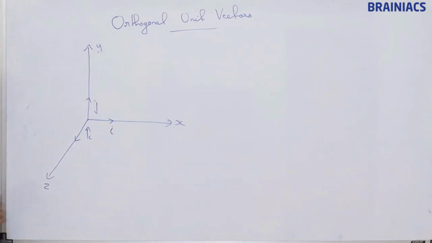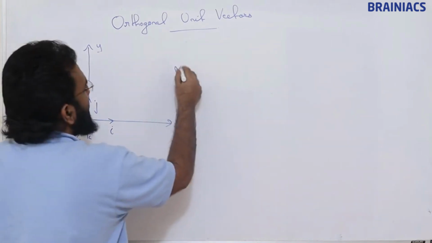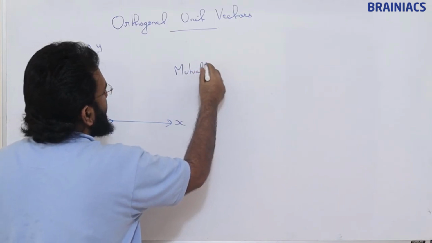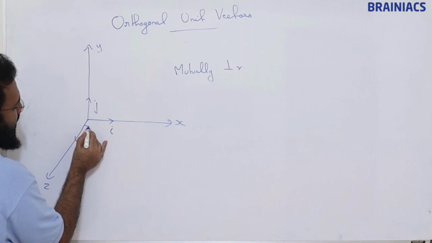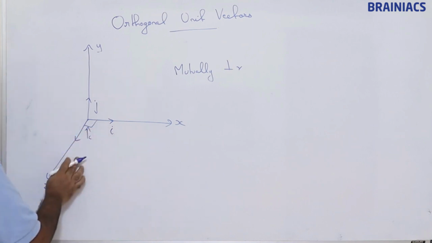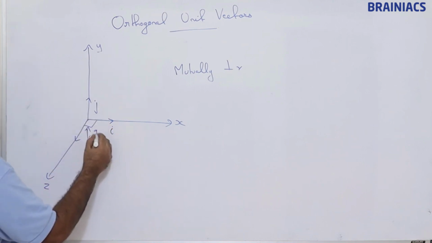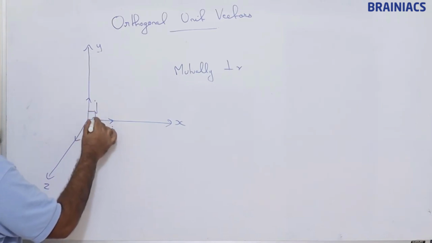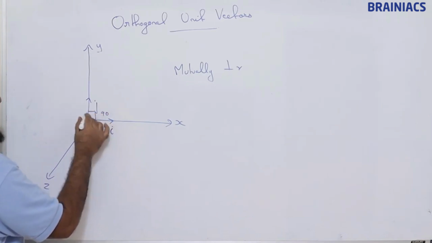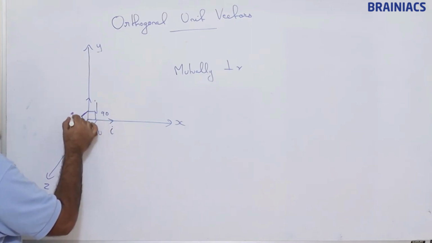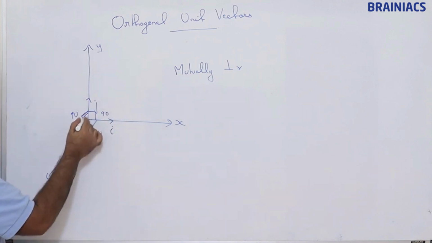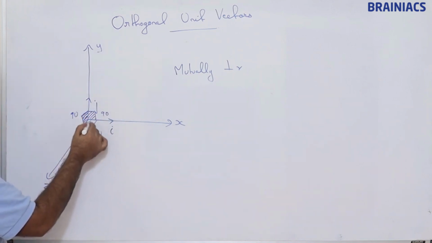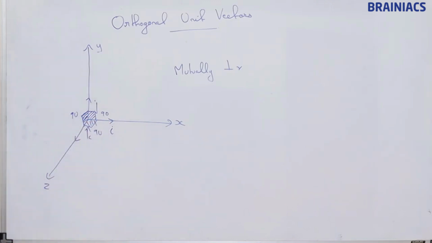So i, j, k are mutually perpendicular. The angle between i and k is 90 degrees, between i and j is 90 degrees, and between j and k is also 90 degrees. So between them they are unit vectors. Clear?